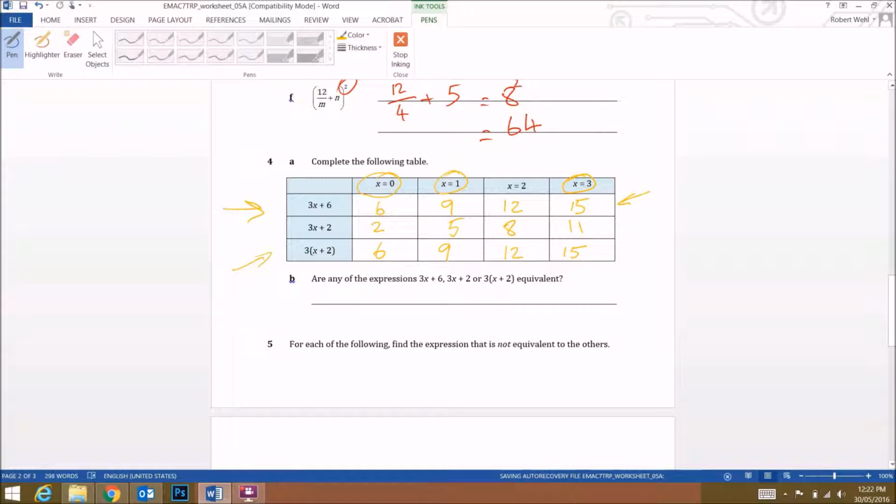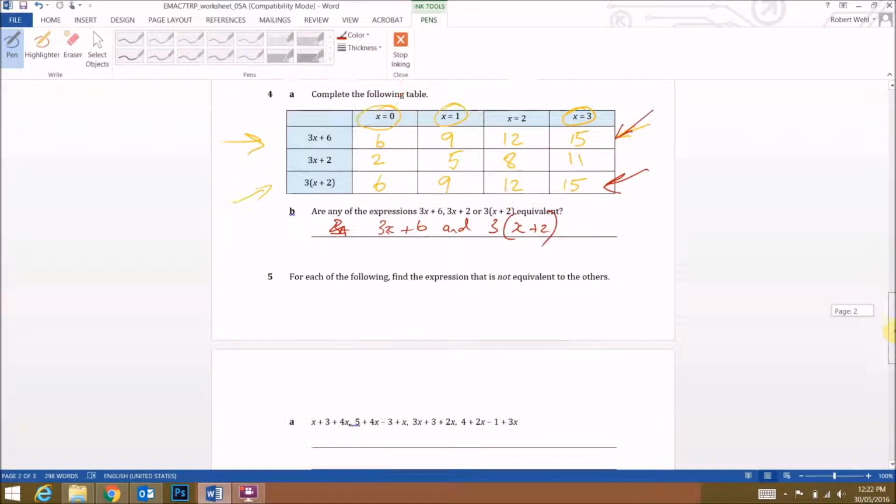Are any of the expressions equivalent? Well, yes, they are. For them to be equivalent, it means that they need to equal the same thing. And we can see that this one and this one are equivalent. So you just write those in. So 3x plus 6 and 3x plus 2.